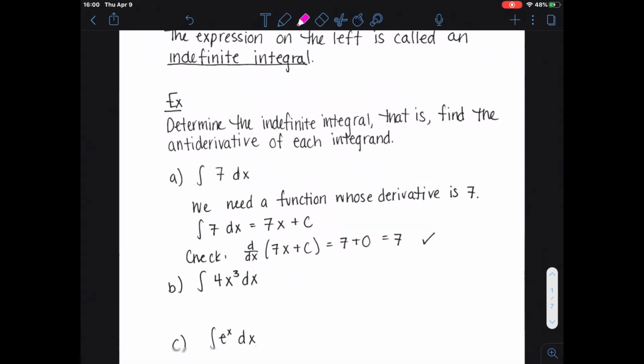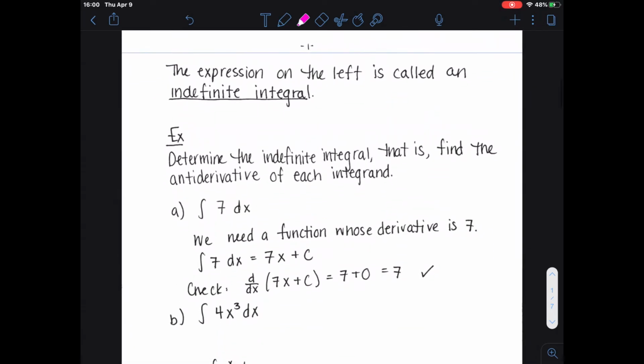Okay, let's try another one. Let's take the integral of 4x to the third with respect to x. I need a function whose derivative is 4x cubed. If we think of reversing the power rule, the derivative of x squared is 2x, x cubed is 3x squared, x to the fourth is 4x cubed.